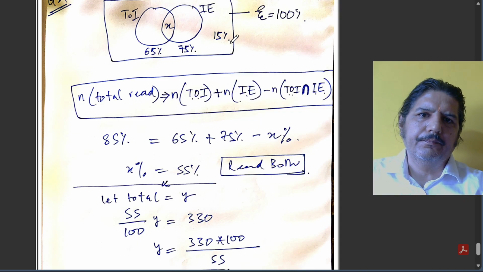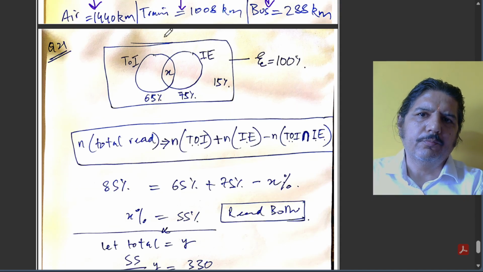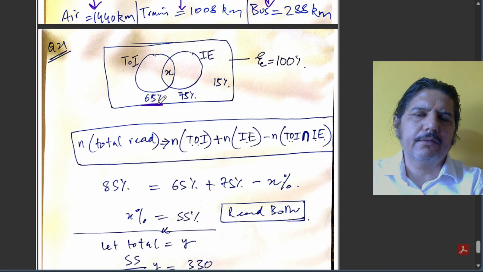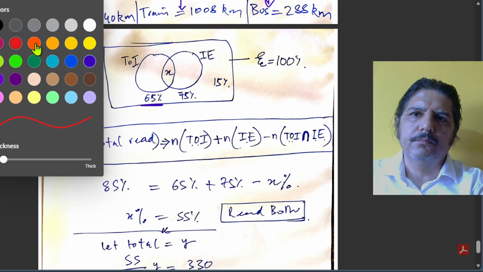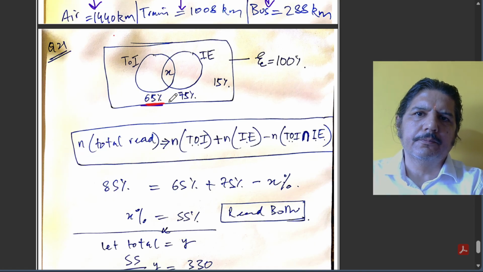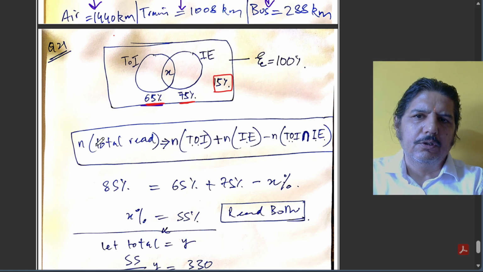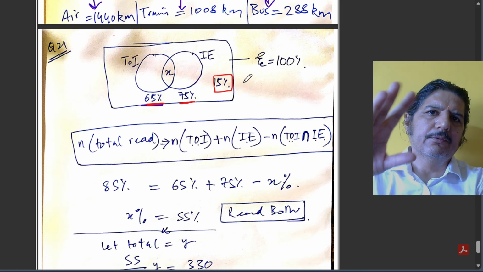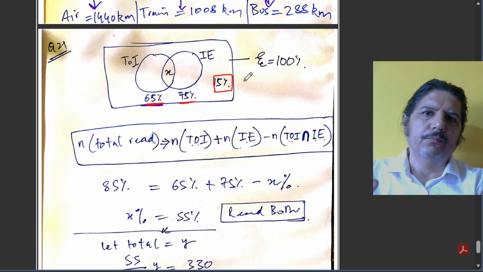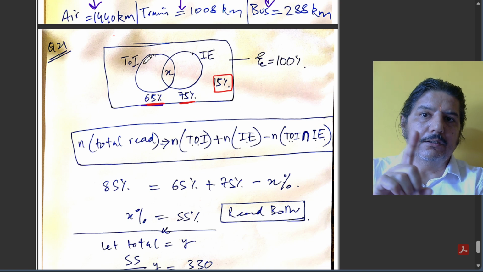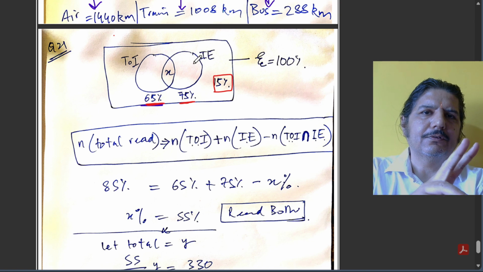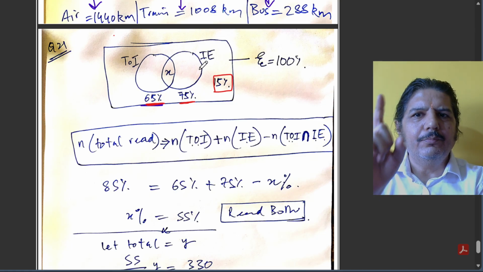So see, this is how you can solve the problem. Times of India readers are 65%. Indian Express are 75%. Okay, 15% do not read any of these. So the formula that I am using is that, if 15% are not readers at all, the Times of India and the Indian Express readers would be 85%.